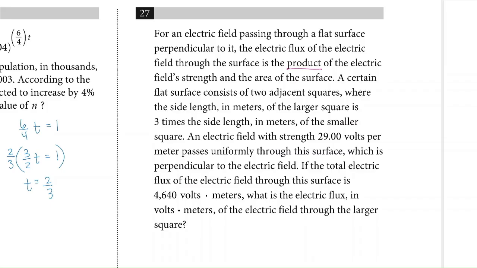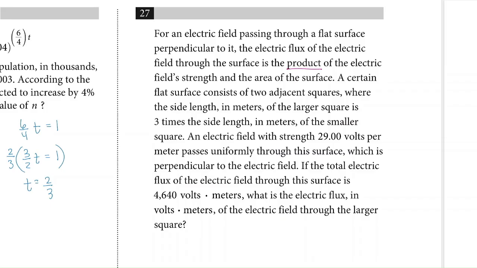An electric field with strength 29 volts per meter passes uniformly through this surface, which is perpendicular to the electric field. If the total electric flux of the electric field through this surface is 4640 volt meters, what is the electric flux in volt meters of the electric field through the larger square?